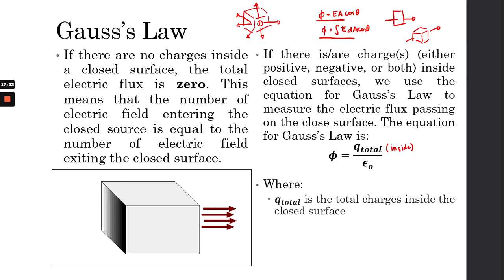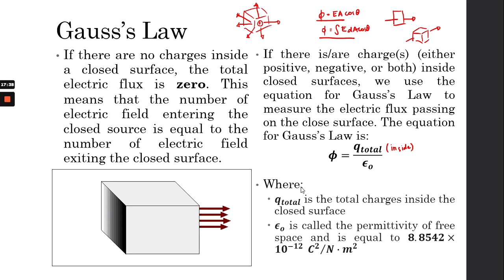So Q total is the total charge inside the closed surface, and epsilon naught is the permittivity of free space, and it is equal to 8.8542 times 10 raised to negative 12 coulomb squared per newton meter squared. So this is the equation that you want to use if you want to solve for the electric flux of enclosed surfaces with the charge inside, meaning the electric flux is not coming from the outside, but it's coming from the inside. That is where Gauss's law is used.